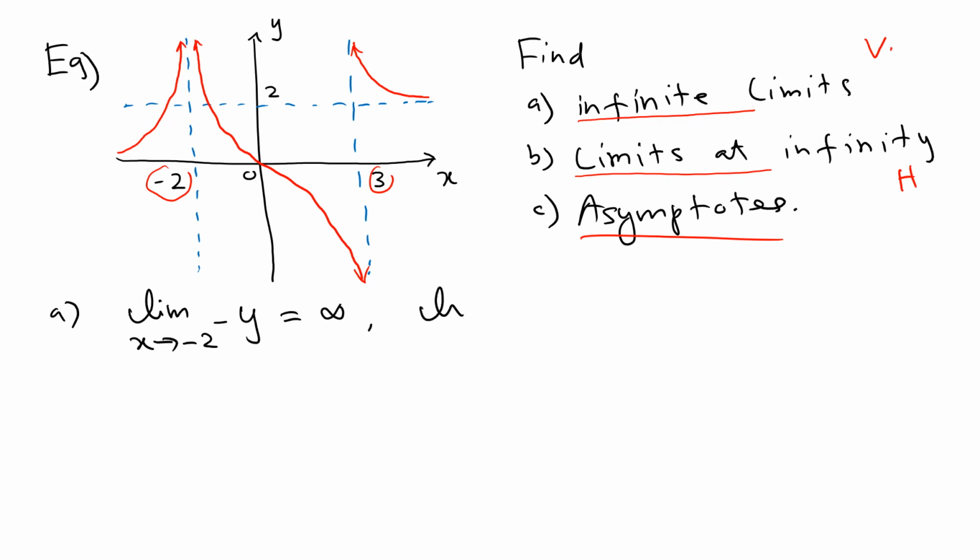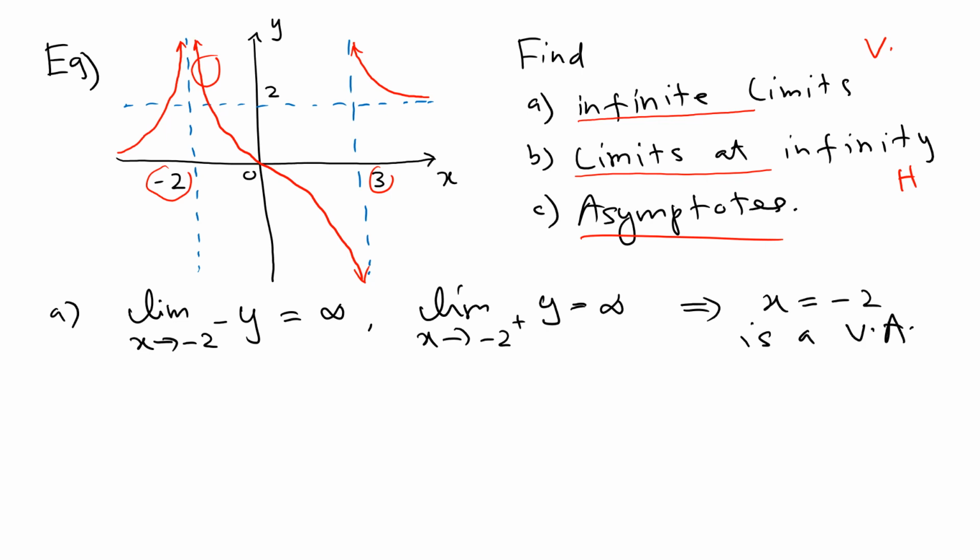And also we have limit x goes to negative 2 from the positive side, the larger side, and you can see it also goes to infinity. So this says that x equals negative 2 is a vertical asymptote. Only one is enough, but we have two now.